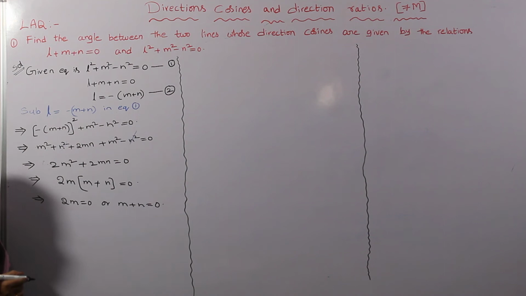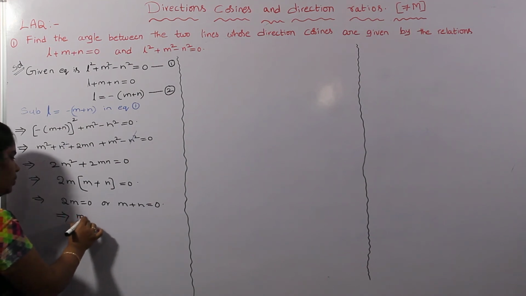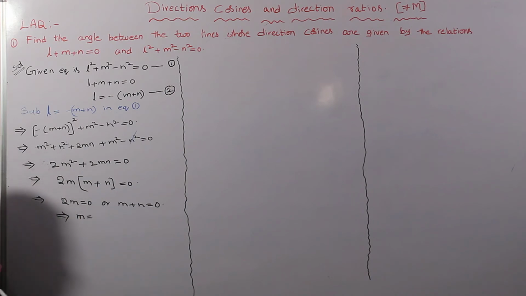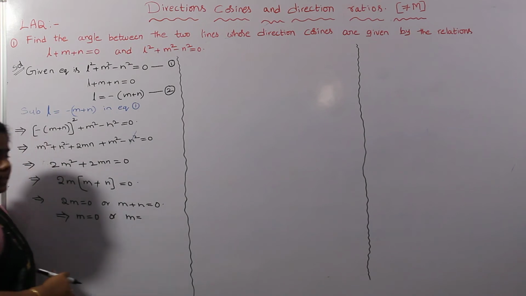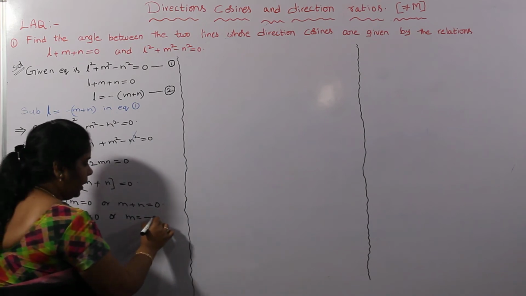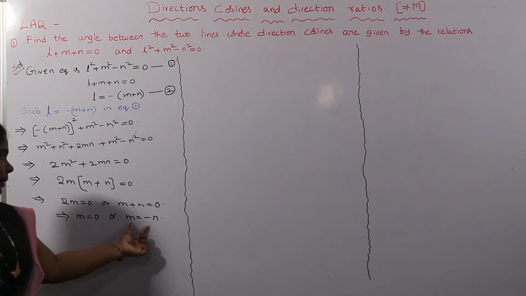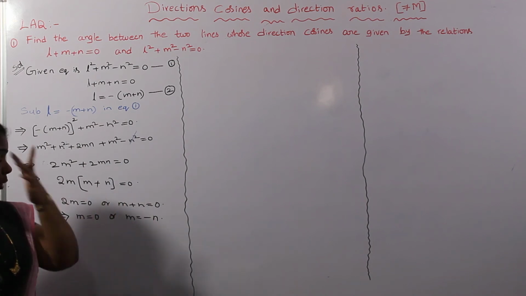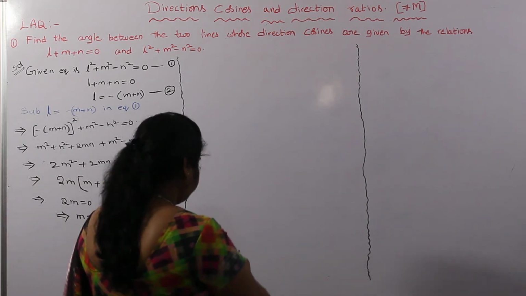From 2m equal to 0, m is equal to 0 by 2, which is 0. Or from m plus n equal to 0, taking n to the other side, m is equal to minus n. Here we have two cases, so we take two values.